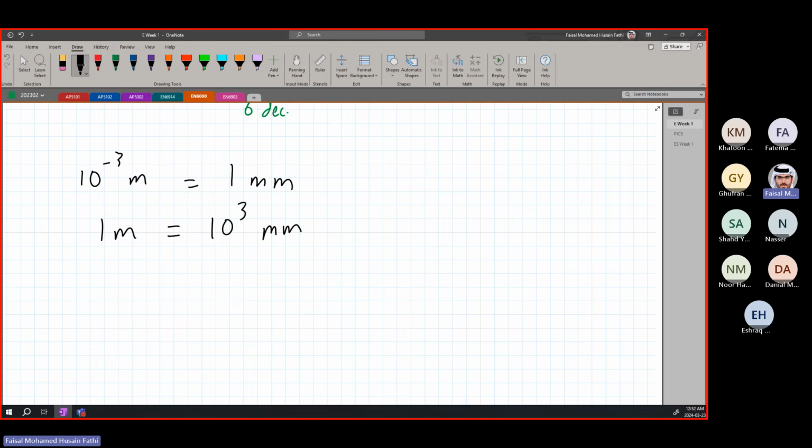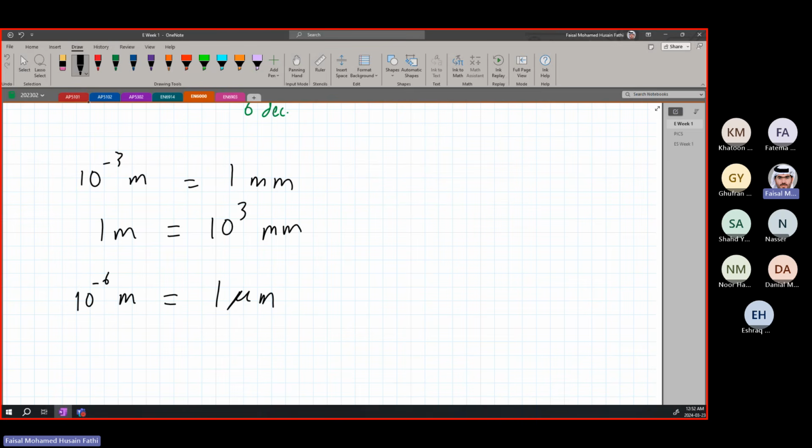What else you need to know? You need to know that micro is 10 to the power of minus 6. Again, if I write it the same way, 10 to the power of minus 6 meters is equal to 1 micrometer. So if you want to do direct conversion. What else is there?